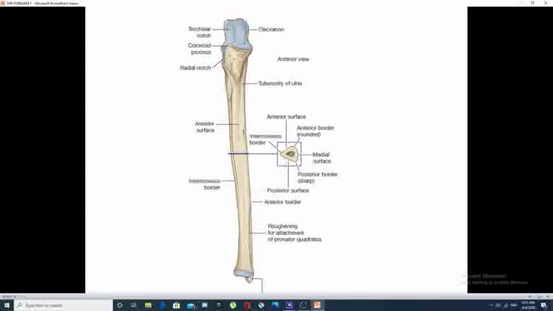The lateral border of the ulna, an important anatomical landmark. It gives attachment for an important membrane called the interosseous membrane.